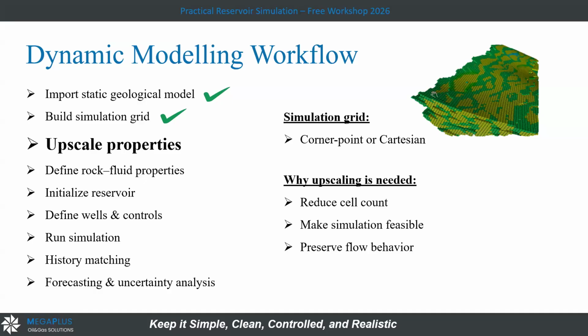So the end cell that I'm averaging is not realistic. So in upscaling, you have to take care of the resolution, and you have to take care of what you are upscaling.